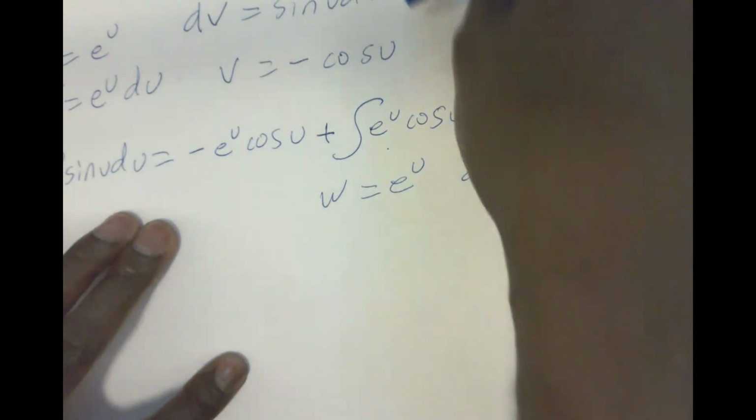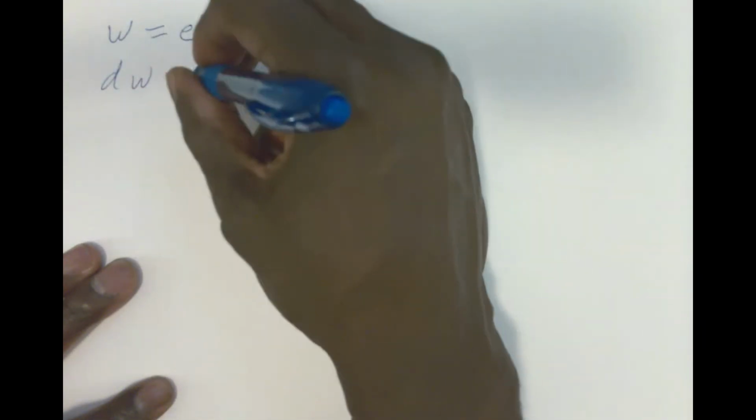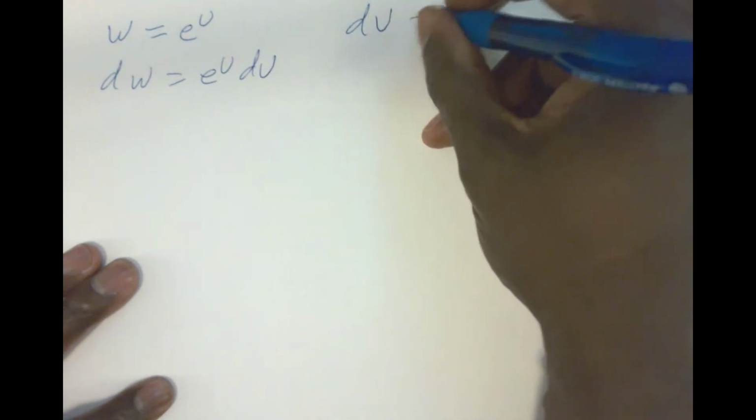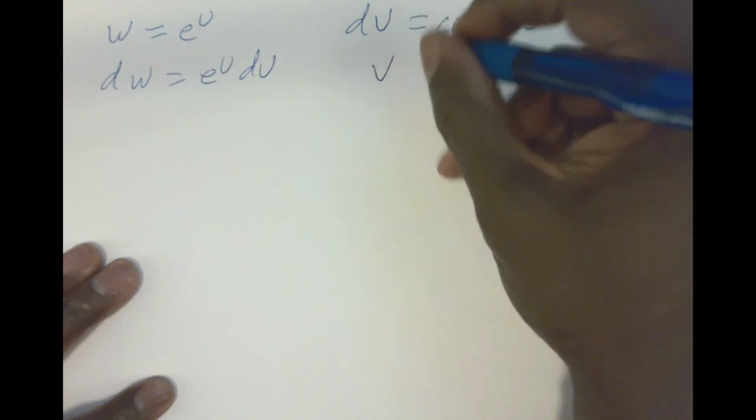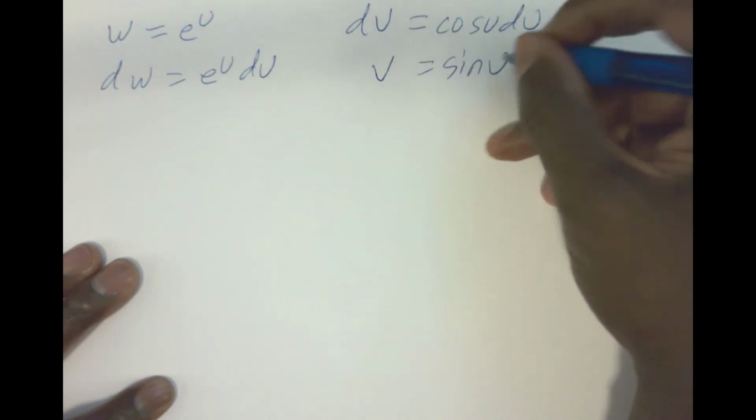So that's my method of attack there. So again, w is e to the u, which means dw is e to the u du. dv is cosine u du, which means v is sine u.